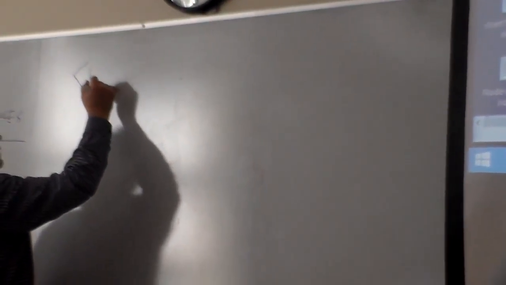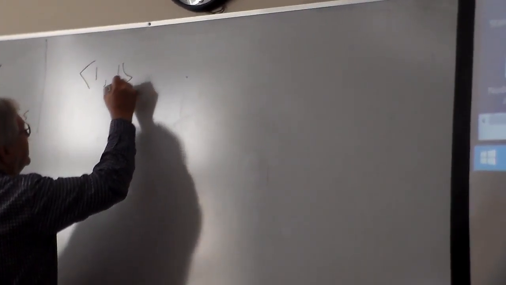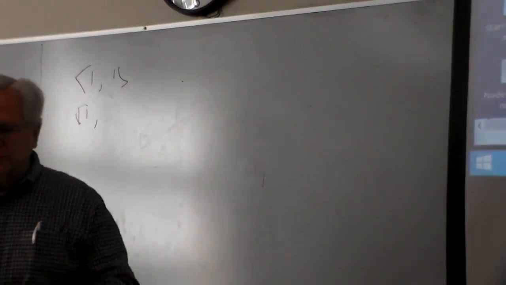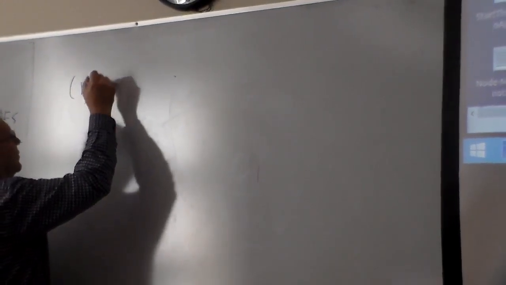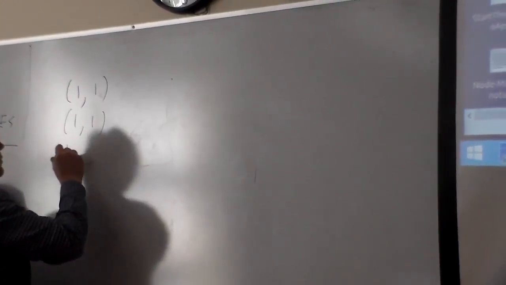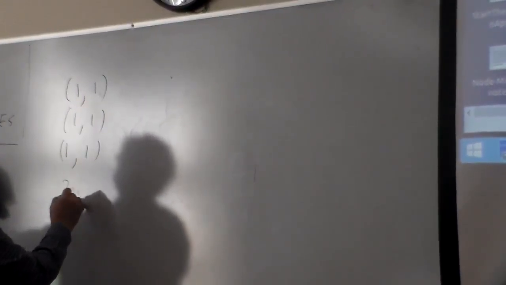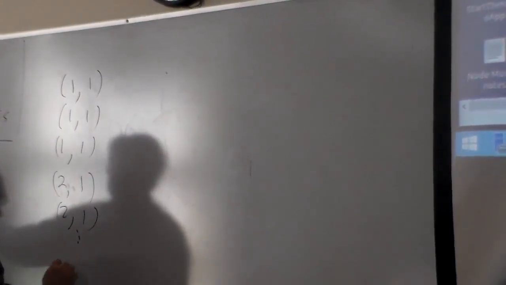So one process is going to come up with, let's do a really simple one, something like (1,1), (1,1), (1,1), and then maybe there'll be a zillion of those, and eventually it'll get to (2,1), (2,1), and then there'll be a whole bunch of those, and then there'll be (3,1).